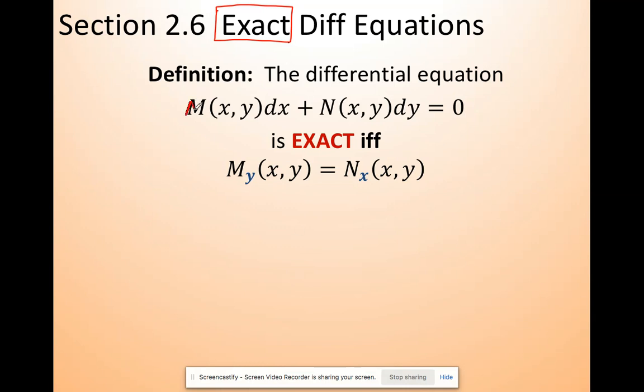So M, I have some function M times dx, so it is a partial derivative with respect to x.